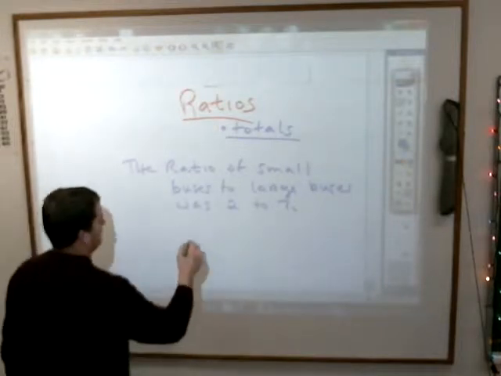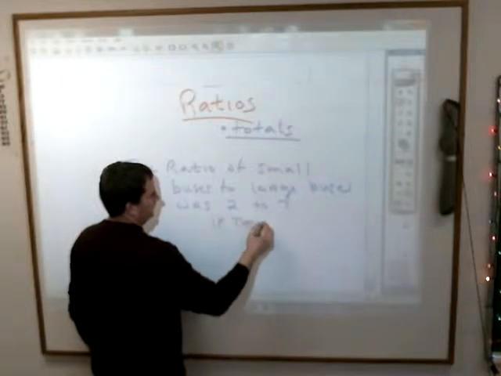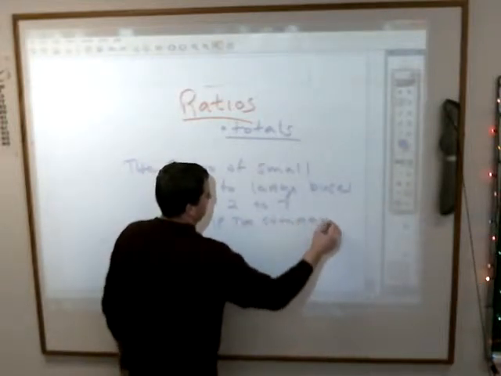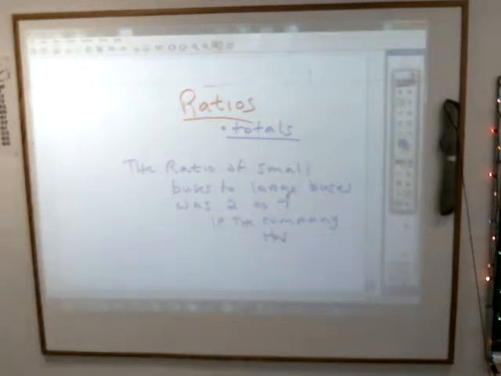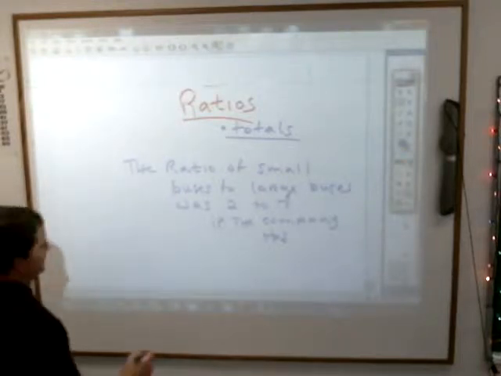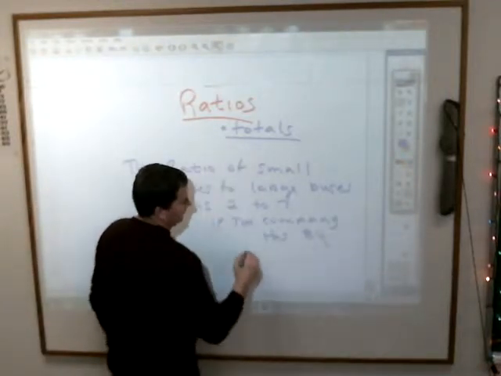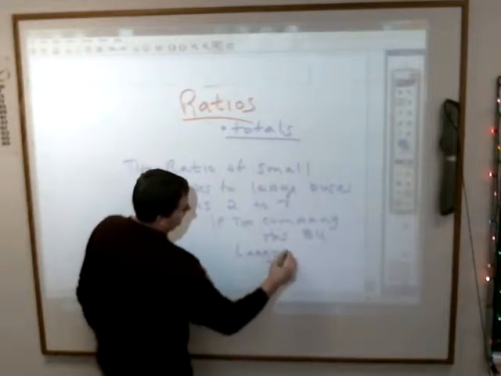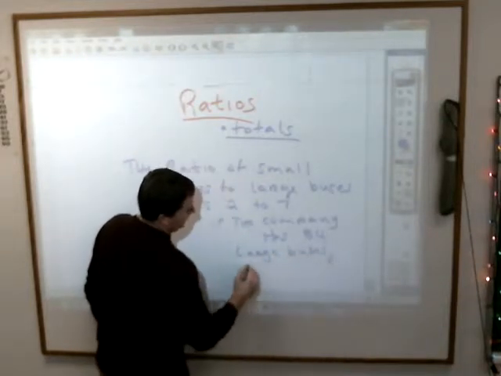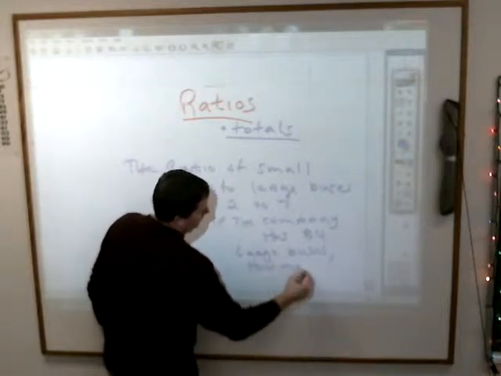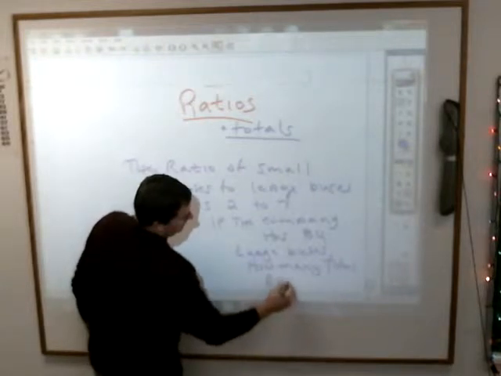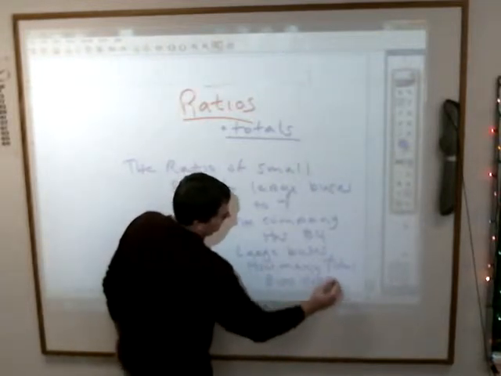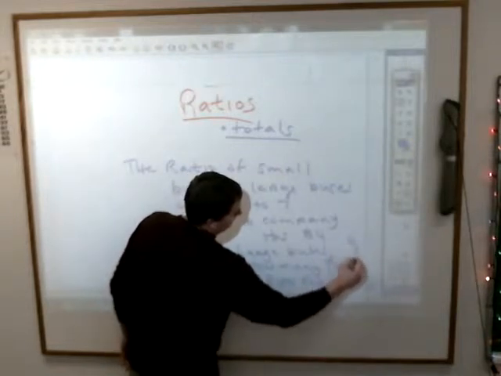If the company has 84 large buses, how many total buses does it have? How many total buses does it have?